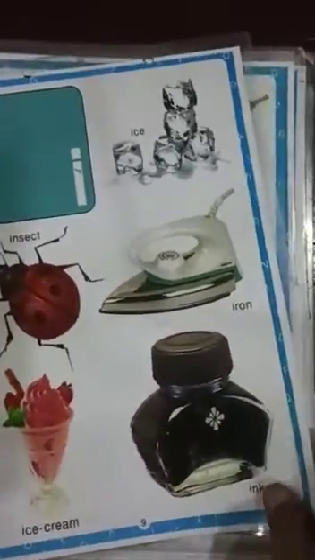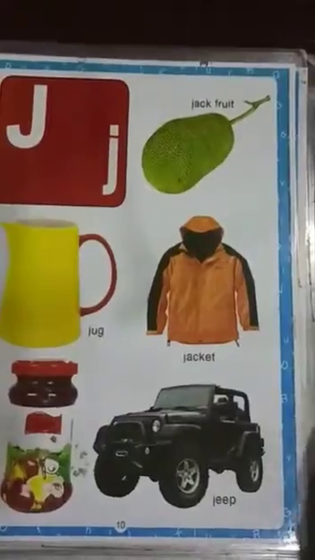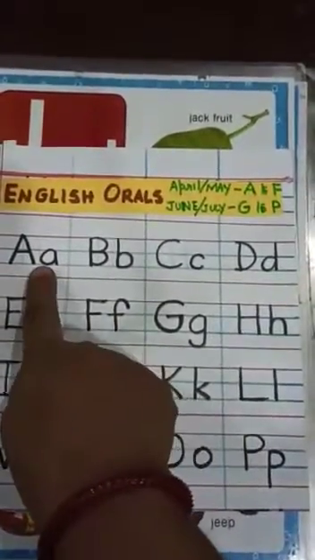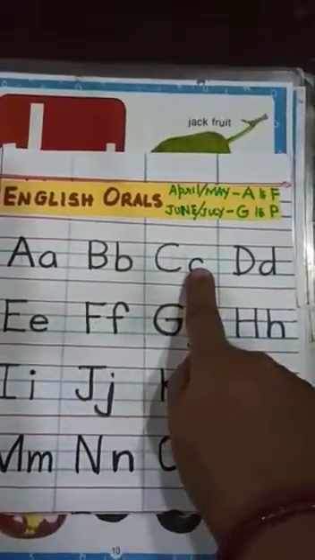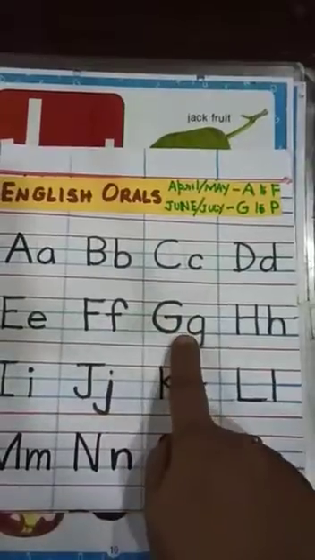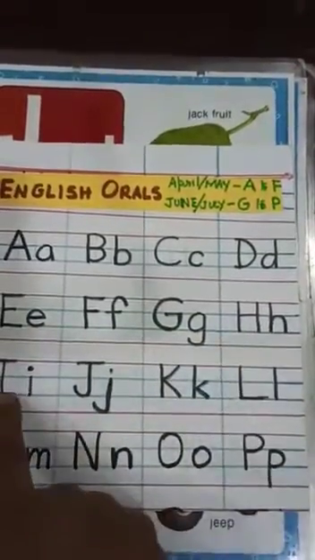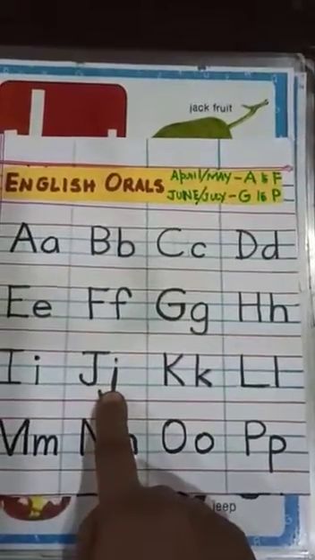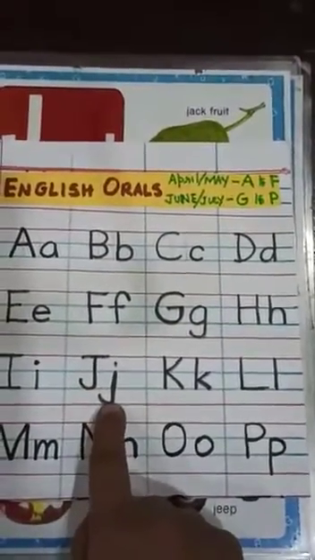So next, after I, which is the letter? Let's see. A, B, C, D, E, F, G, H, I, and next J. Very good. Capital J, small j.